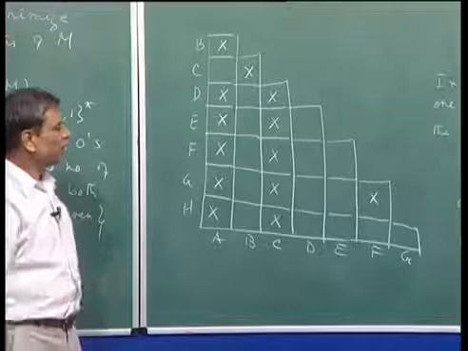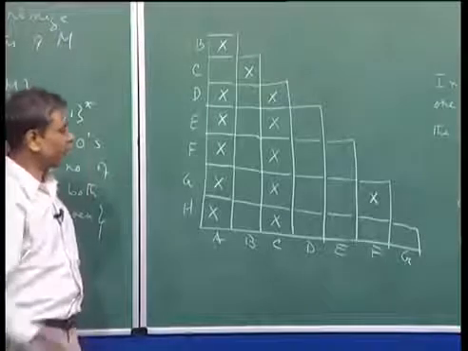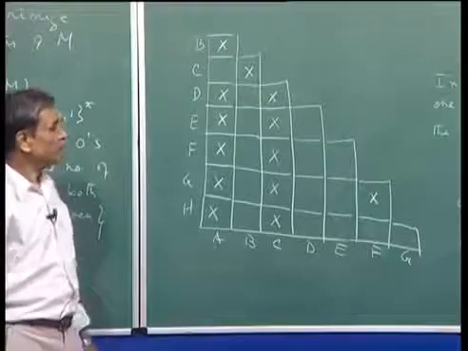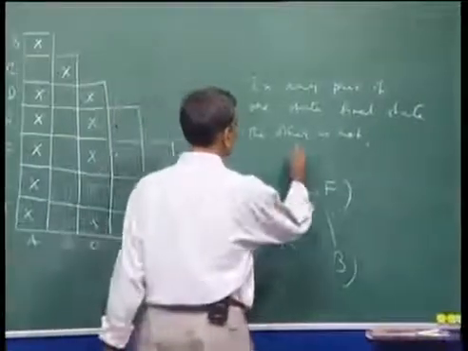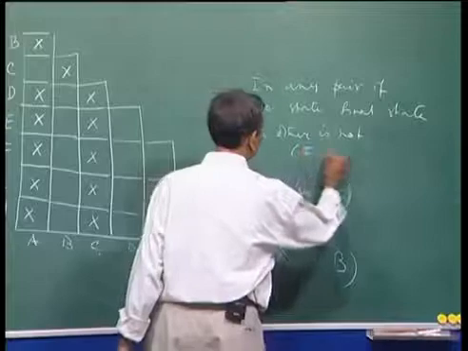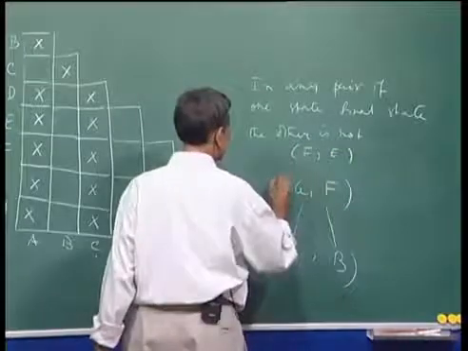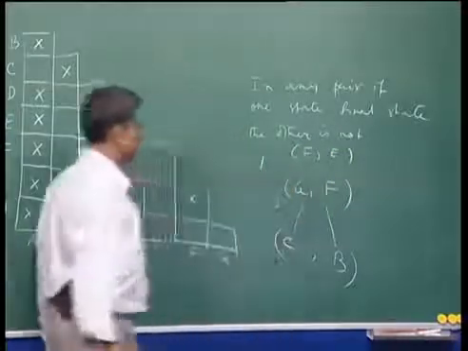For example, let us see in the next iteration, when you consider the pair F and E and then consider what happens on the input symbol 1.